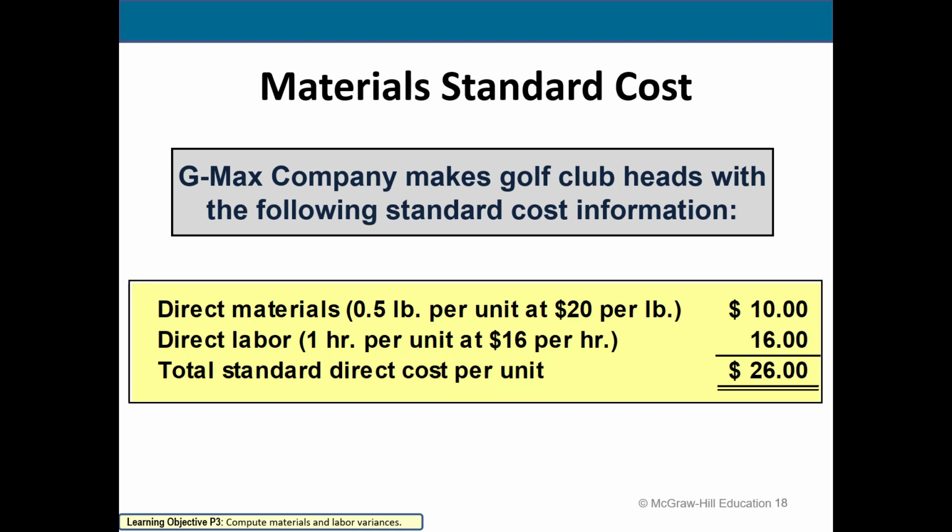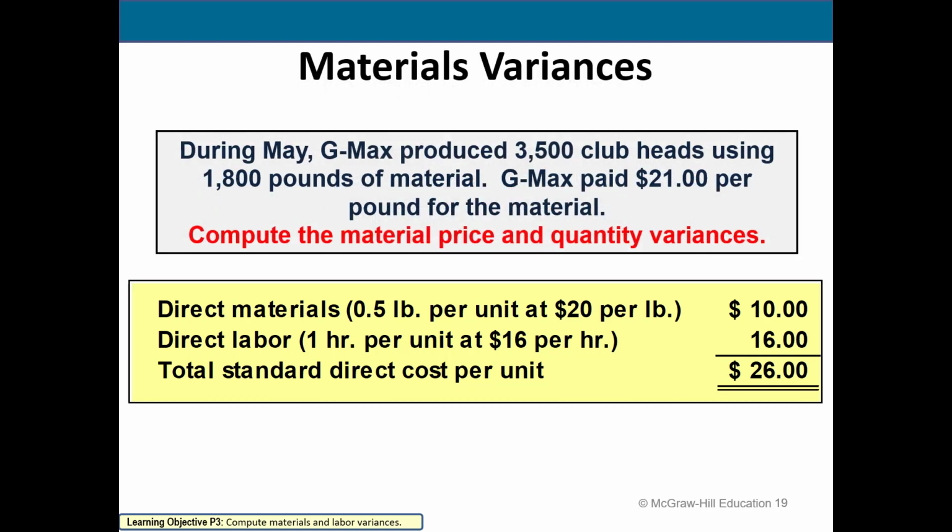The direct materials standard allows 1/2 a pound per club head at $20 a pound, and the labor allows 1 hour per club head at $16 per hour. During the month of May, GMAX budgeted to make 4,000 club heads. It actually produced only 3,500 units.